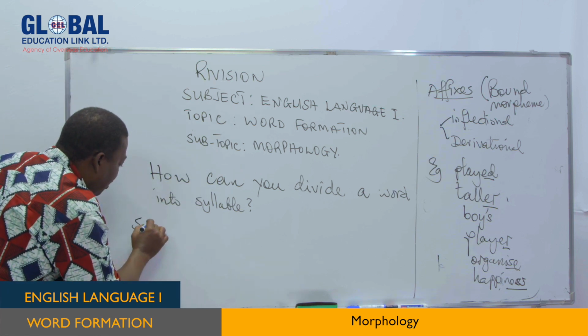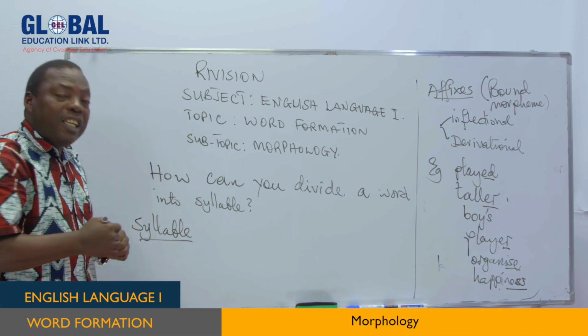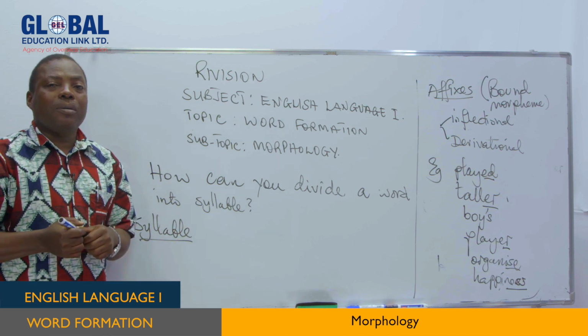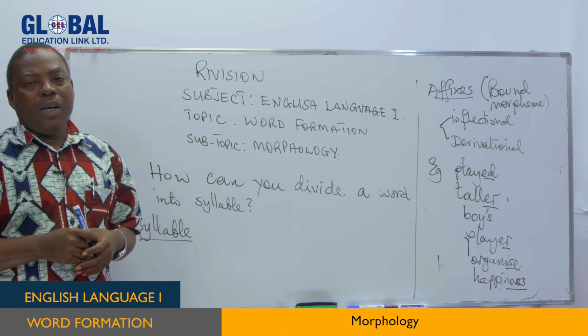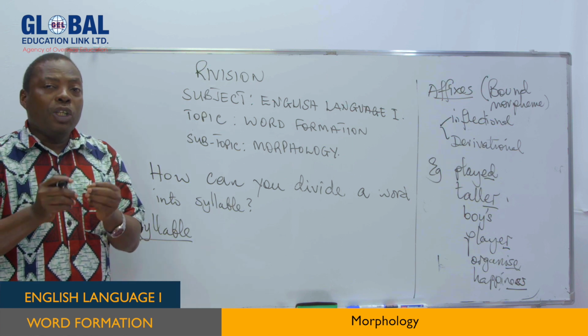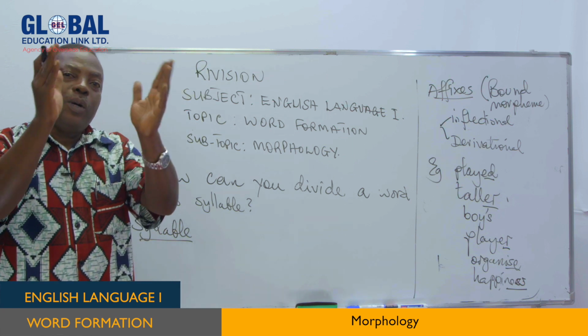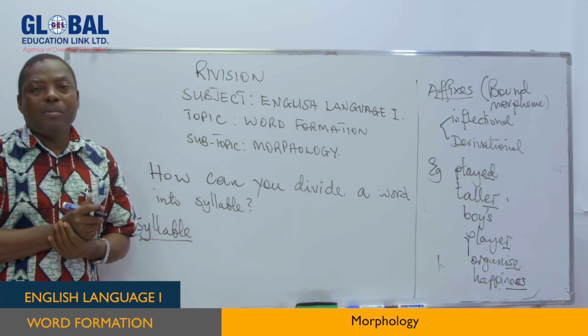So if we are to divide a word into syllables, you'll definitely need to know as well what a syllable is. How does a syllable look? If you know how it looks, it becomes easier for you to say, oh, these elements form a syllable by themselves.